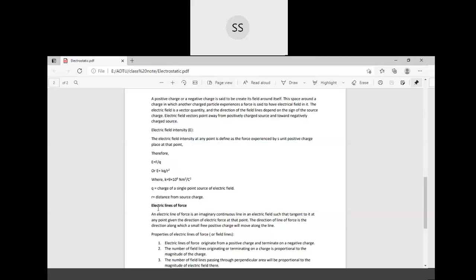E equals F by small q, or equal to kQ by r square. Small q means the charge of the unit positive charge. Capital Q means the charge of the source charge. I will explain this in the next class because I have to make it correct.